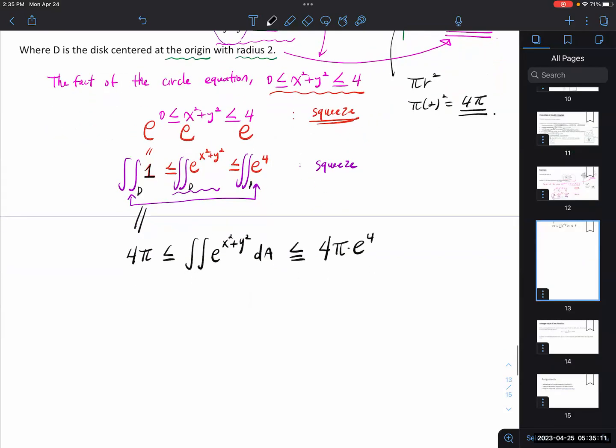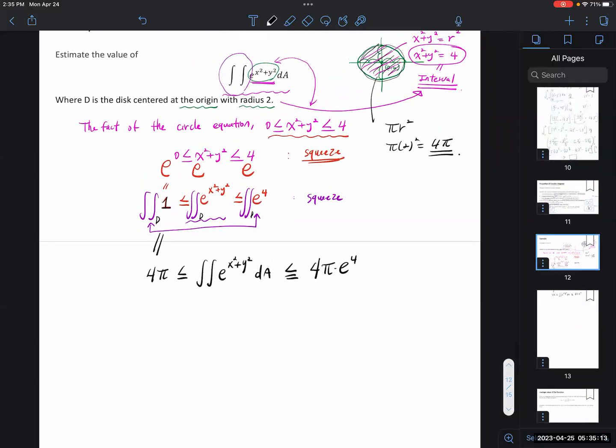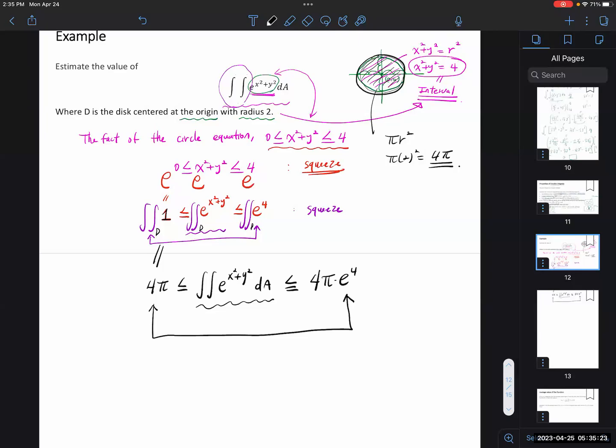So what I'm saying is, we don't know exactly what the value of this is, but it's going to be between 4 pi and 4 pi times e to the 4, because the area of the circle is 4 pi. We just know this is a fact, but we don't know the information here, so there's a little bit of plus-minus error with that e to the 4.